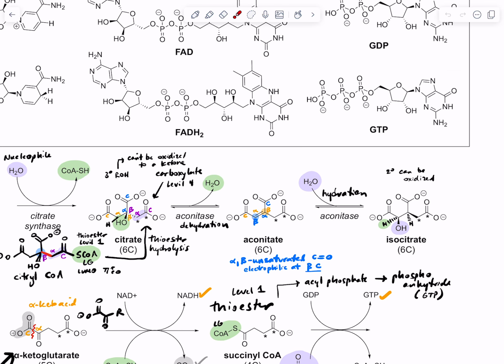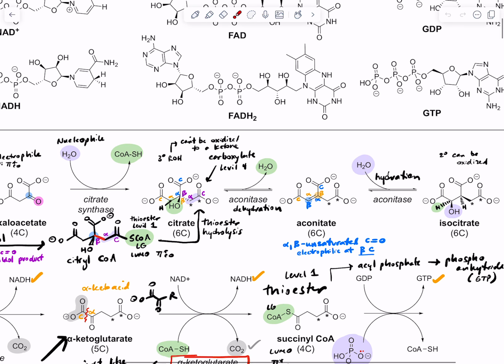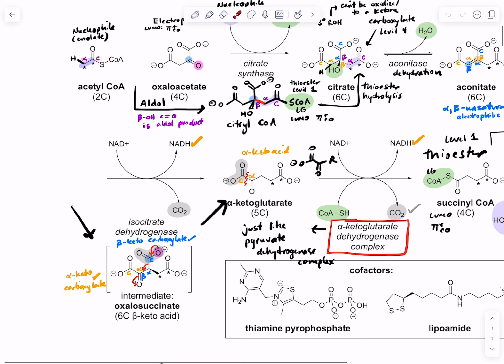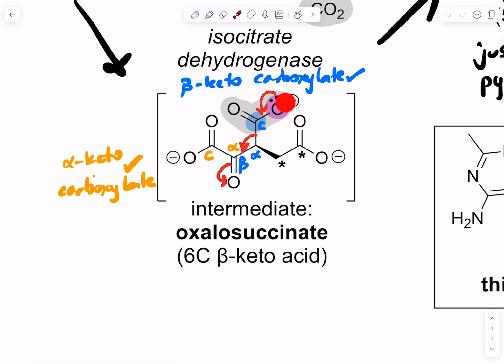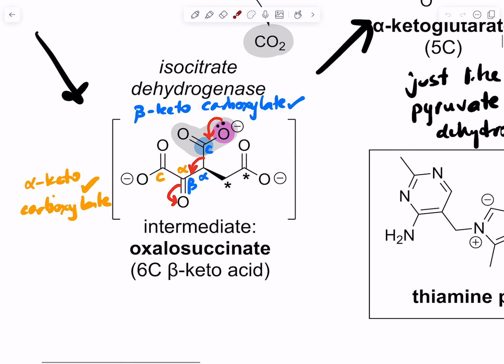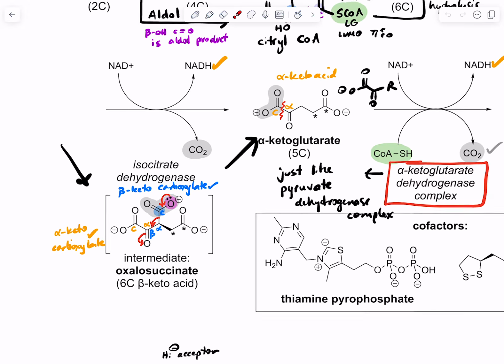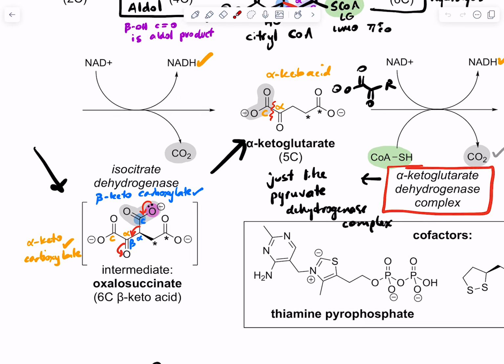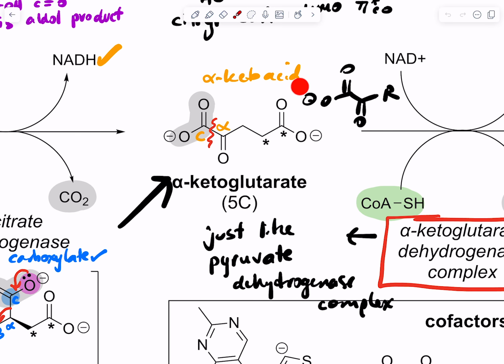We talked about formation of isocitrate. We talked about oxidation of the secondary alcohol to form a ketone. Now you have a beta keto acid, and those can undergo spontaneous decarboxylation because the leaving group is a resonance stabilized enolate. And we got to this point of alpha ketoglutarate, which we noticed is an alpha keto acid.